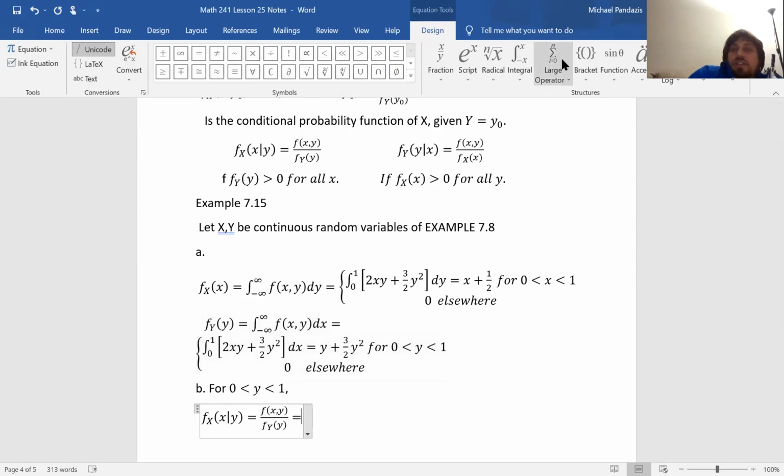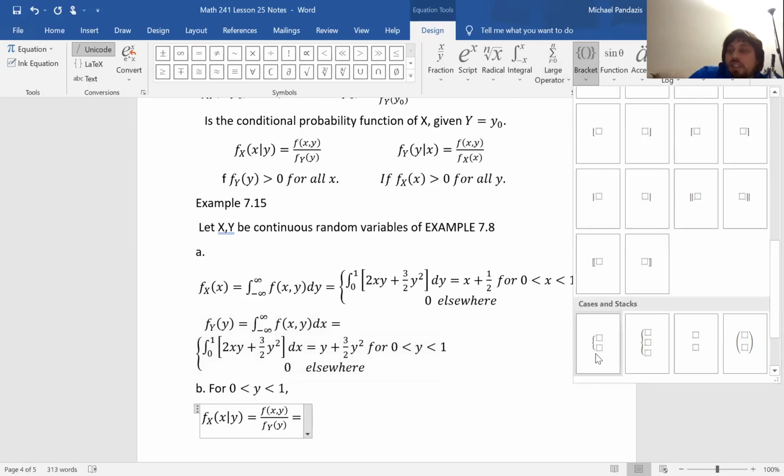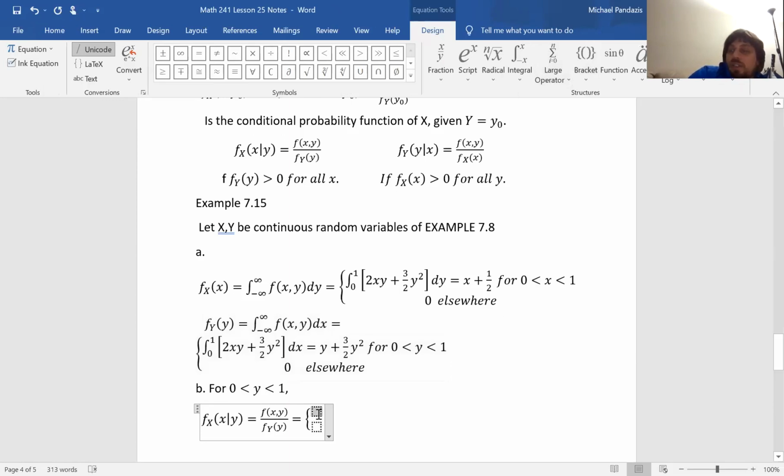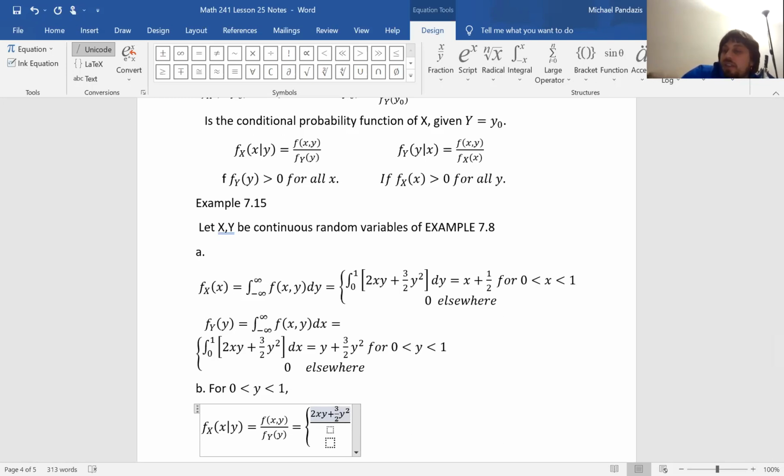Okay, and so this is equal to the following. For x between 0 and 1, you get 2xy plus 3/2 y squared for f of x comma y, divided by y plus 3/2 y squared.